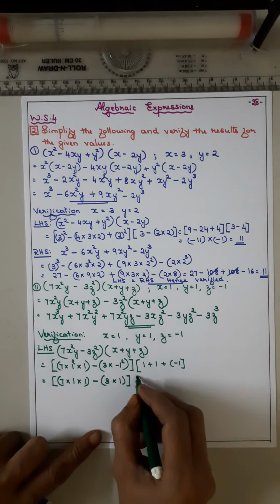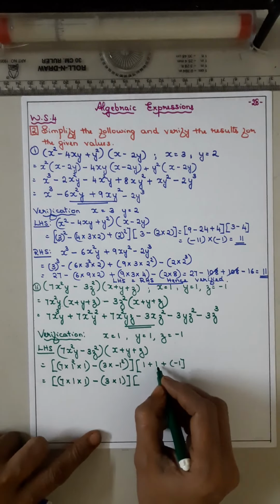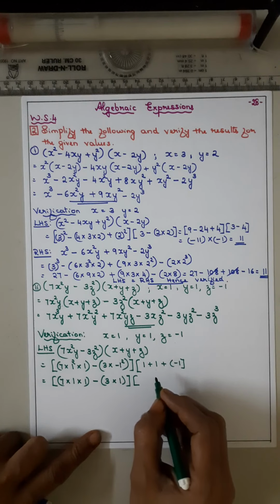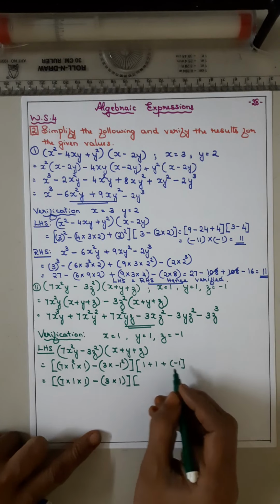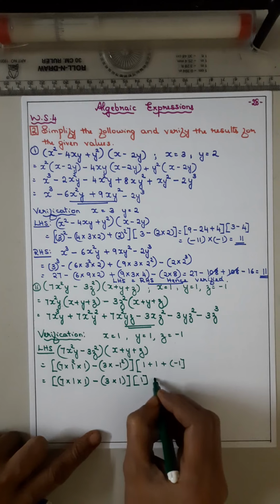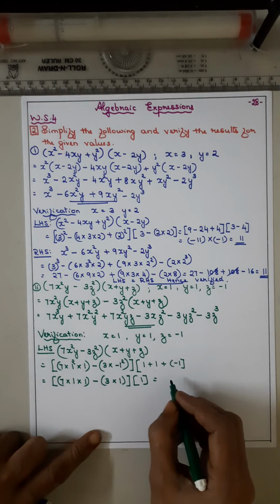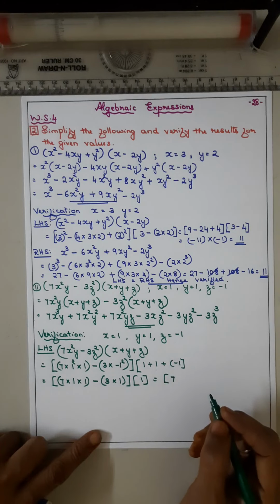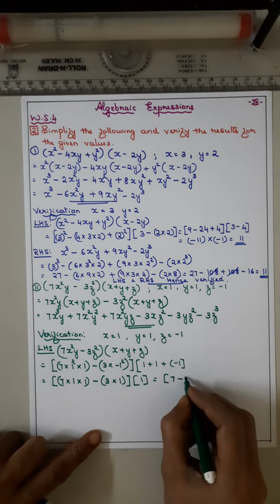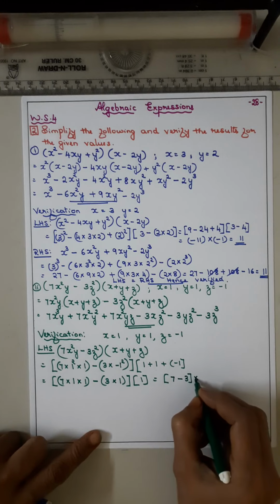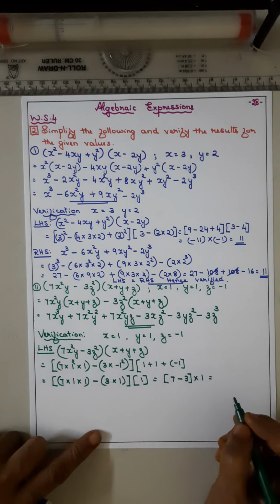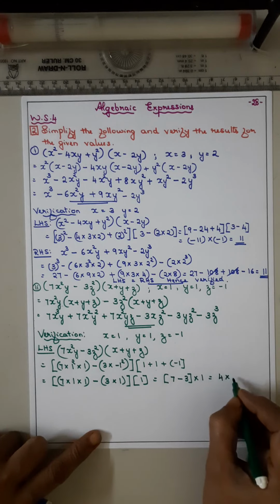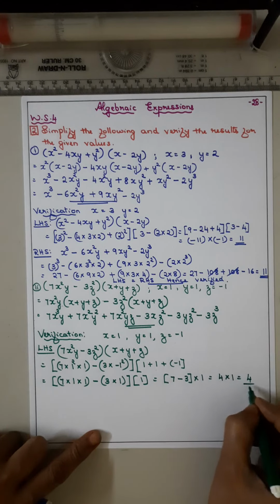Now here it becomes 1 plus 1 is 2, 2 minus 1 is how much? 1 plus 1 is 2, 2 minus 1 is 1. Now here it will be 7 ones are 7 into 1, 7 minus 3 ones are 3 into 1. That is 7 minus 3 is 4 into 1, that is why 4.